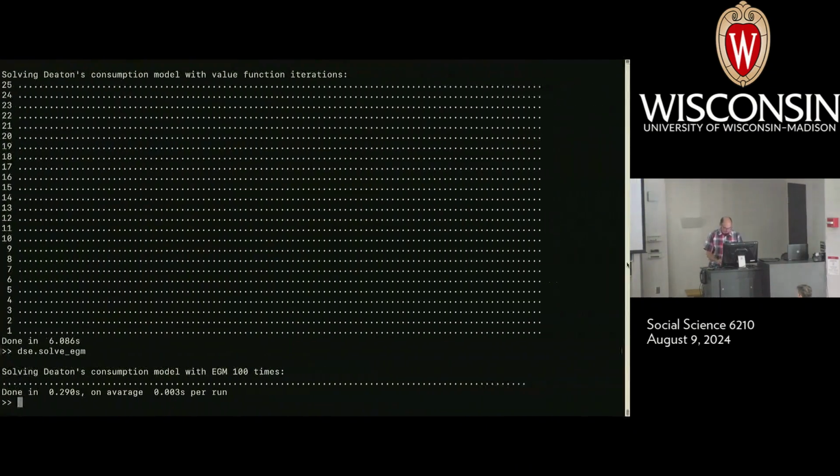And we get the same picture. And you know what? Each dot here represents a complete solution of the model. It's not iterating on time or anything. It's a complete solution. So it takes 0.003 of a second for a complete solution, as compared to 6 seconds for VFI.